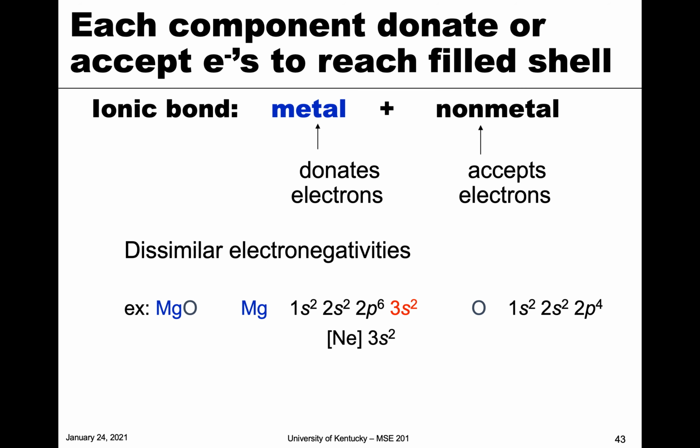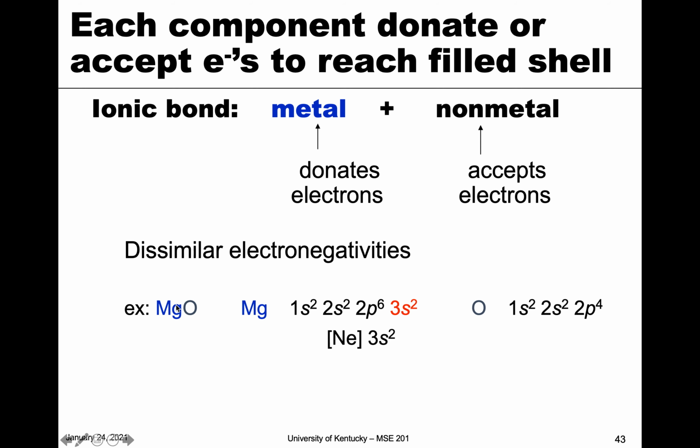In general, we think of this as a metal, which tends to donate electrons, and a non-metal, which tends to accept electrons. That's the general idea people have for ionic bonding: metal, non-metal.